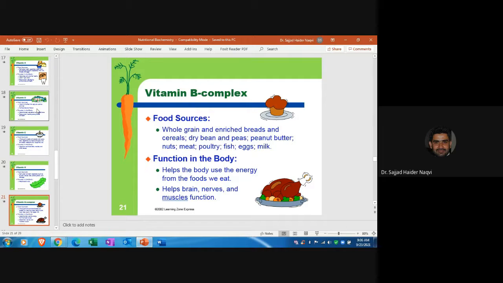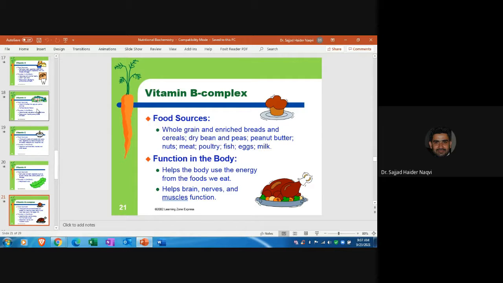Vitamin B complex is a group of vitamins which includes many, like B1, B2, B5, B6. We're not going into that detail at this stage. Their food sources are whole grain and enriched bread, cereals, dry beans, peanut butter, nuts, poultry, fish, etc. They help the body use the energy from the food we eat.